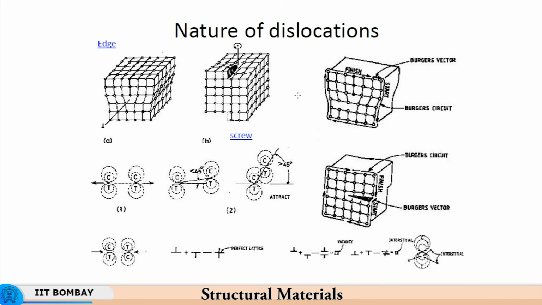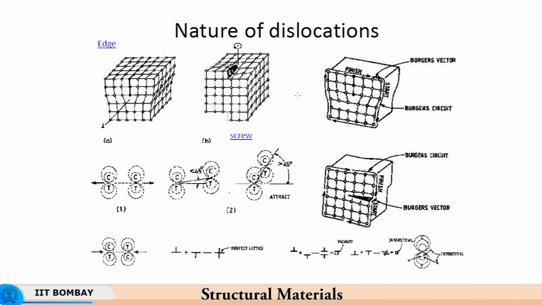So, you can create either a vacancy or an interstitial depending on the configuration of the shear planes. If the shear planes are away like this, then it will create a vacancy, but if the two shear planes are interfering with each other, that is this half plane interferes with this shear plane and this extra half plane interferes with this shear plane, then you get an interstitial.